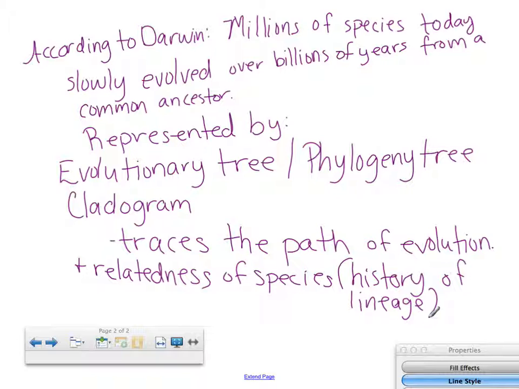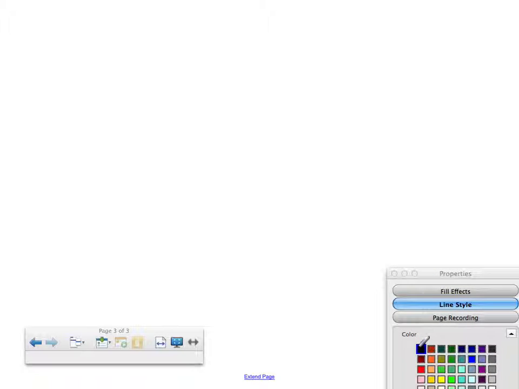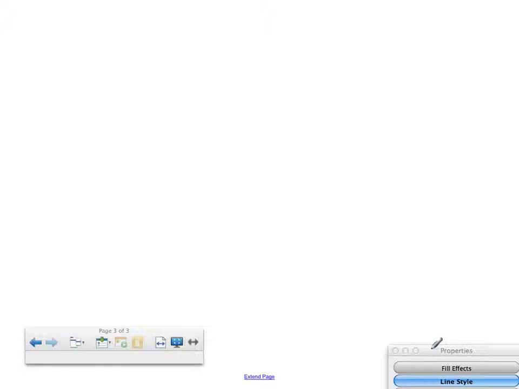Alrighty. So evolutionary trees can look kind of different as they go along, but they represent the same thing. So basically, you'll start off for this one by drawing a V. Yes, everything that I draw in black, you draw in black.